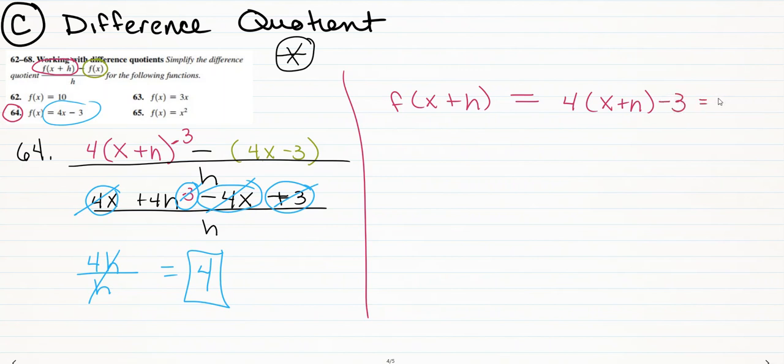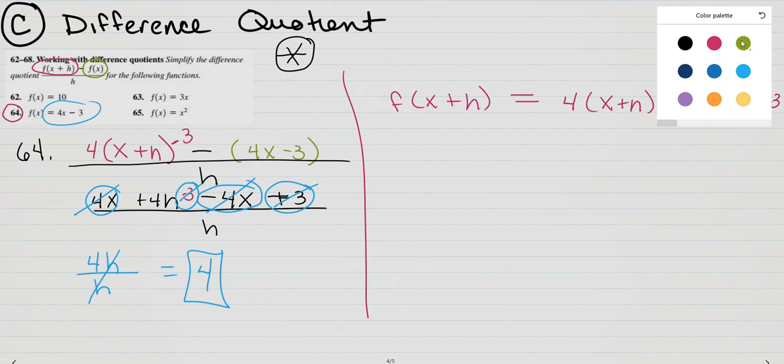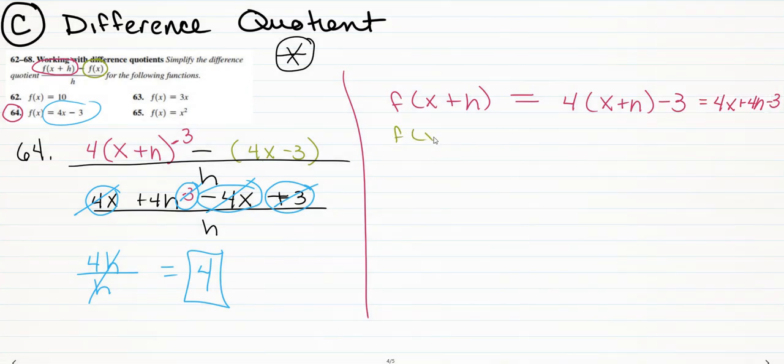And simplify that. So we have our 4x plus 4h minus 3. And then below that, I'm going to put the f of x.